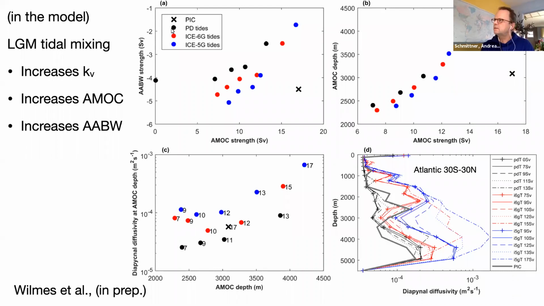And the black dots are the simulations with present day tides, red dots IS6G tides, blue dots IS5G tides. And for reference, the pre-industrial control is this cross. So, if you just look at the black dots here and then relative at the red and the blue, you can see that both Antarctic bottom water and AMOC are both increased.